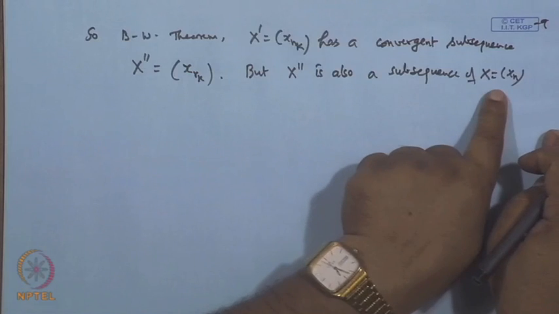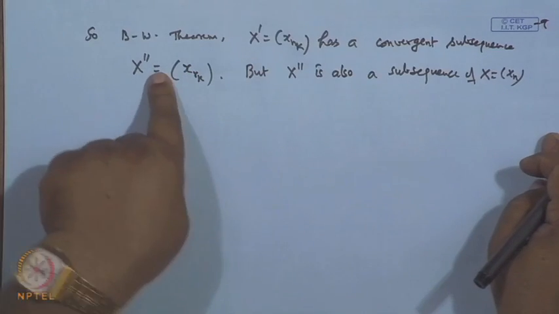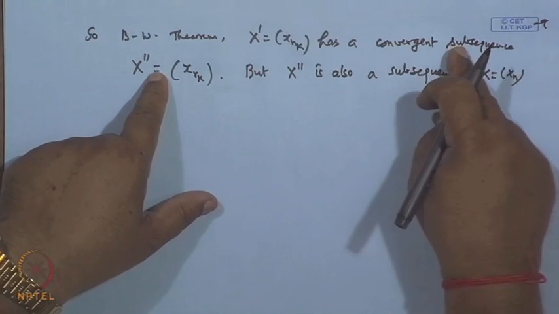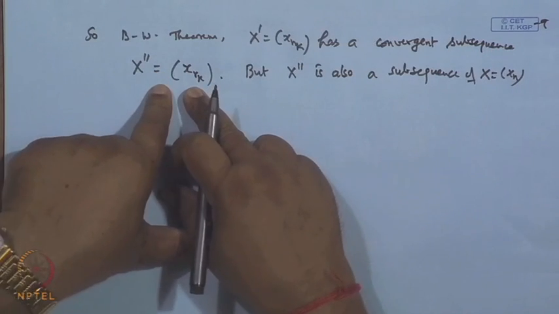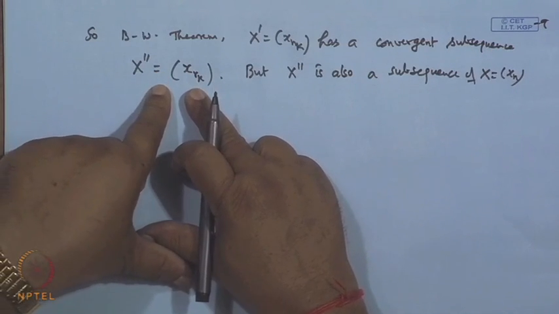And this sequence has a subsequence which is convergent, is it not? So, this subsequence converges, therefore, what we get?